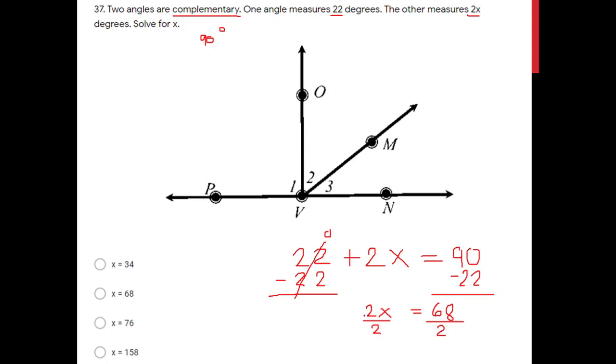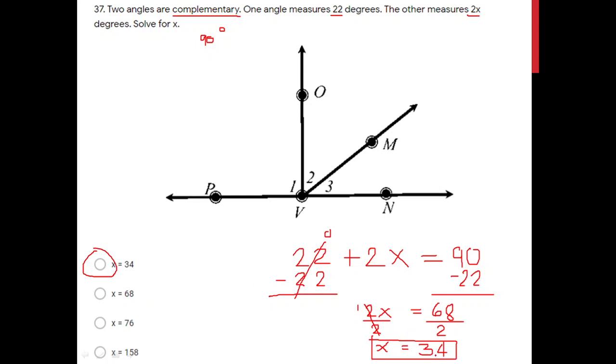So 2 divided by 2 becomes 1, and the 1 here becomes an imaginary number. So what's left is x. And then 68 divided by 2, you have 34. Therefore, the value of x is equal to 34. Now let's check if we get the correct answer.